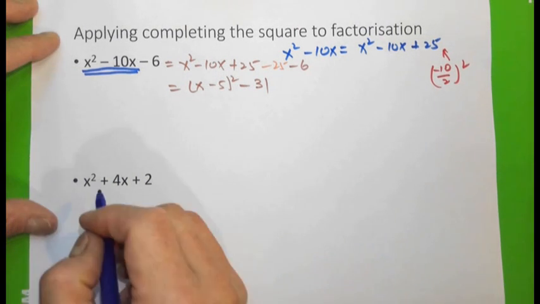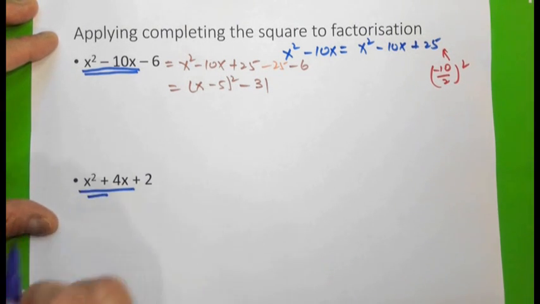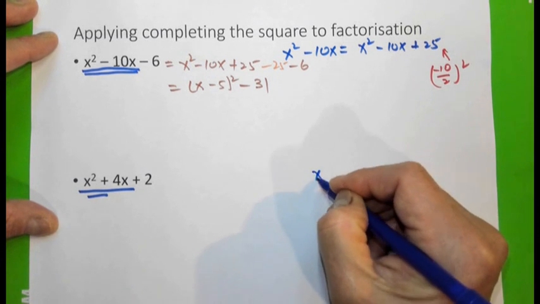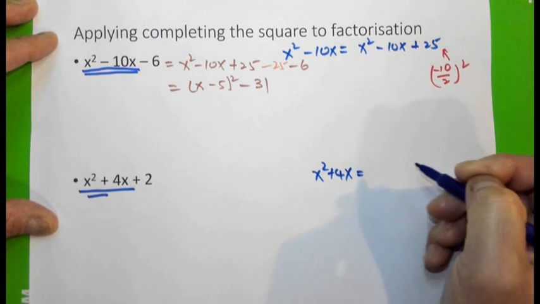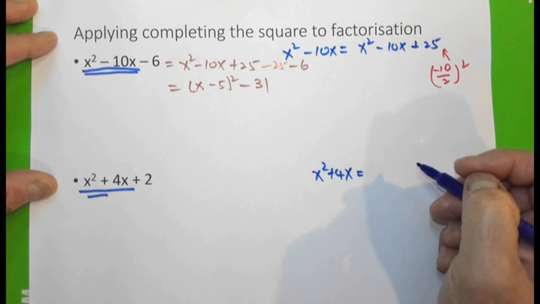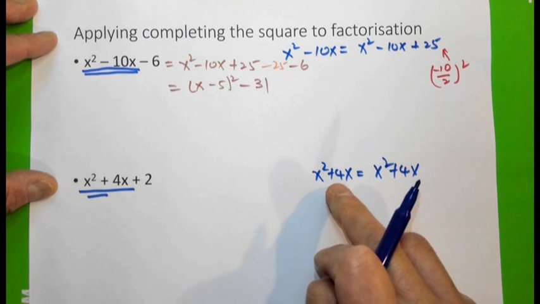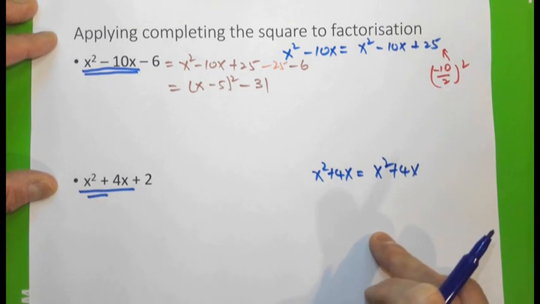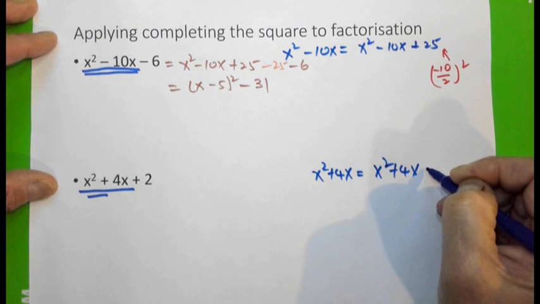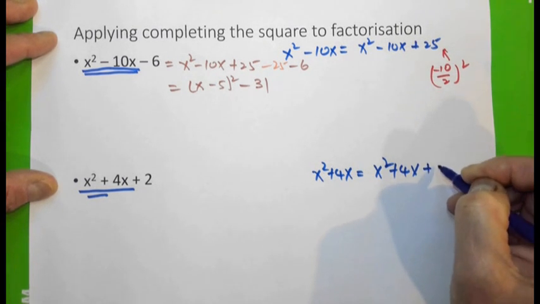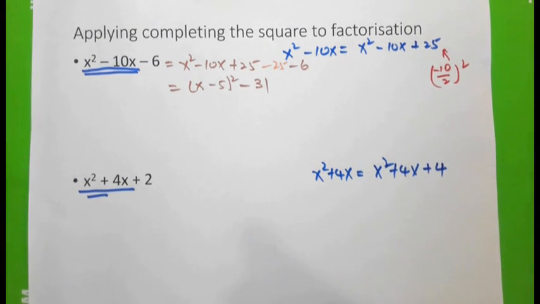What about this bit? X squared plus 4x. Again, let's have a look at that. If we want to complete the square, we have x squared plus 4x. Now, 4 divided by 2 squared is 4, because 4 divided by 2 is 2, squared is 4.